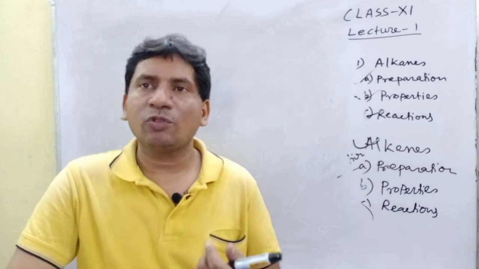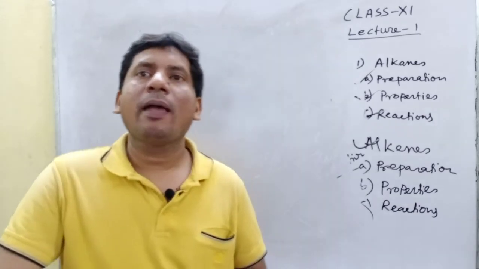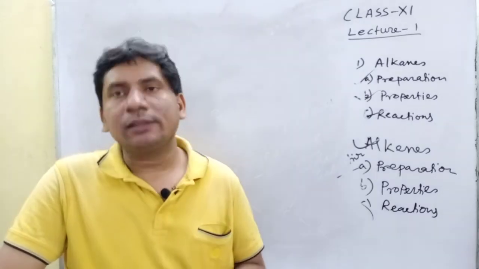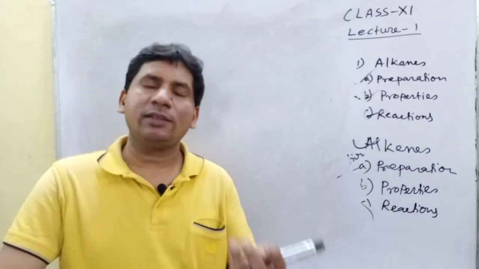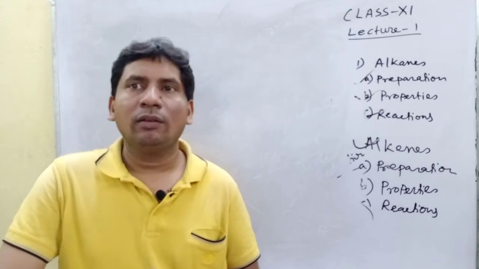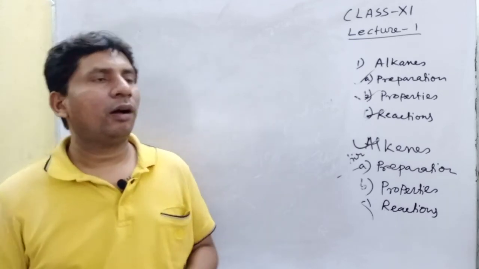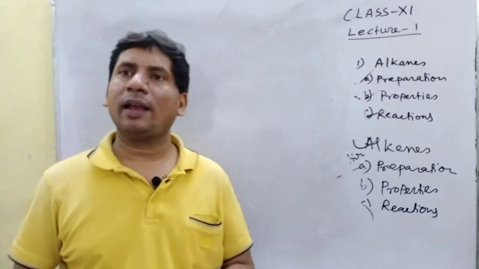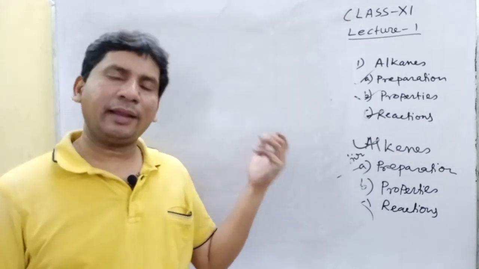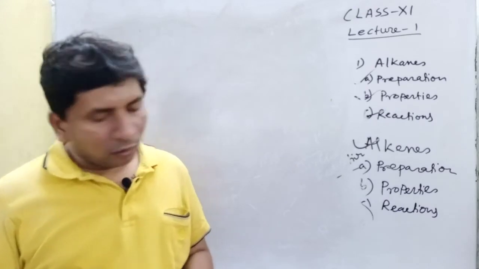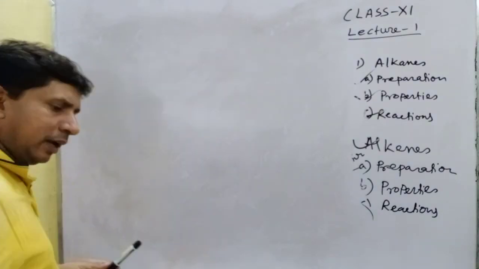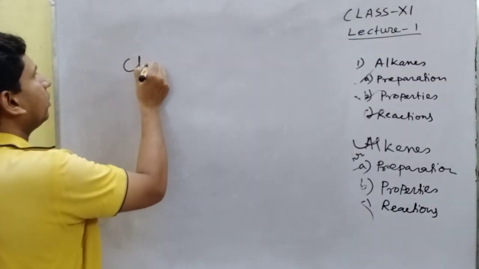Ethene has some sweet smell. Boiling point of alkenes increases with the increase of size. The straight chain always has a higher boiling point than the branched chain alkenes. And what are the chemical properties? So many chemical properties are there.